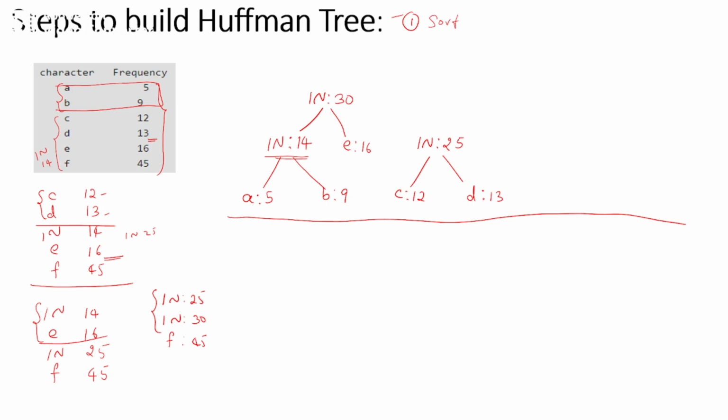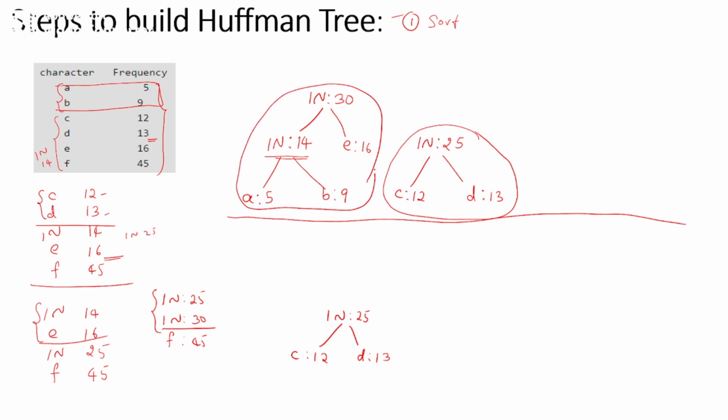So inner node 25 is nothing but this particular section. So I will write it first, C12, D13, then you will get inner node of 25, right? And then I need inner node 30. So that is nothing but the whole section you need to write as inner node 30. So how can I write that? So I need inner node 30 over here because I want to add these two. So I need it in the same level.